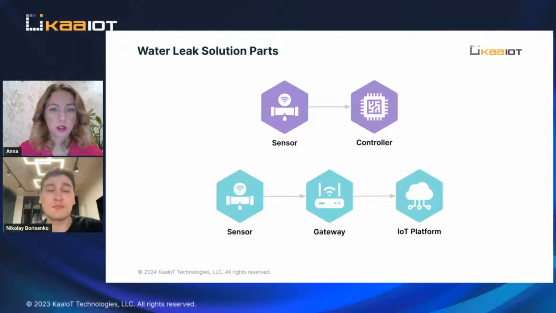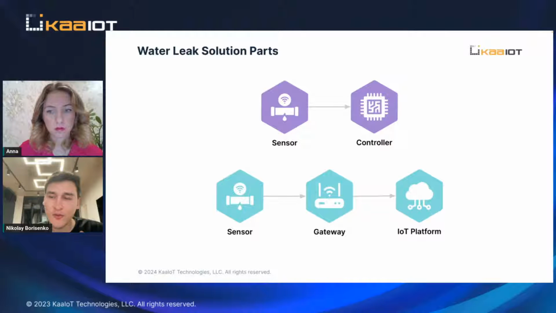It sounds like there might be different types of sensor setups. Am I correct? Of course. The most important thing in installing a water leak solution in old buildings is selecting the right type of sensors.